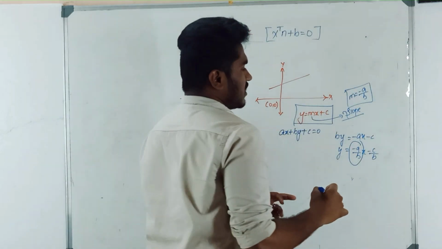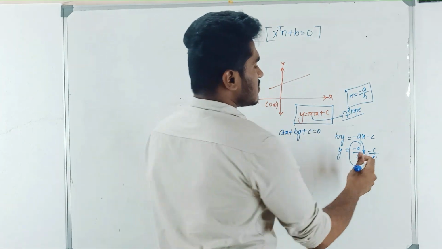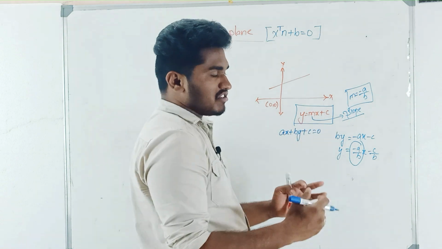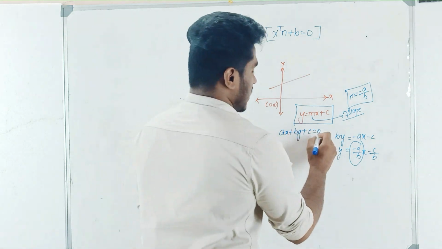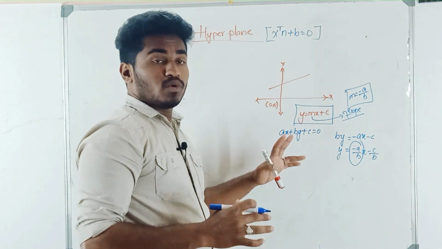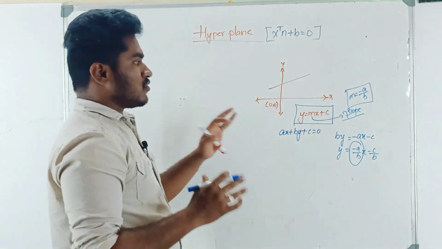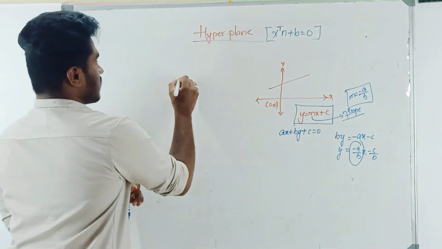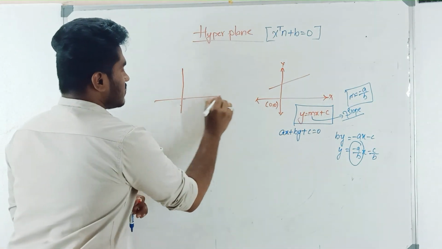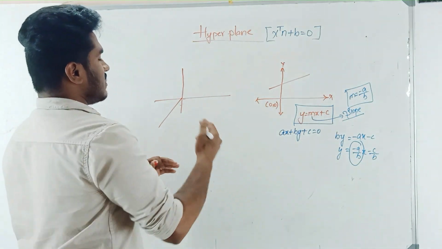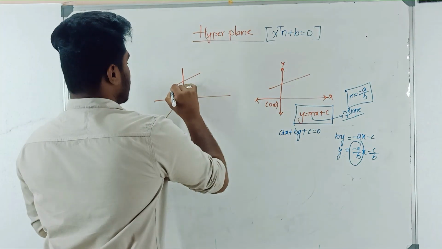And if I want to find the c value, it is minus c by b, where c is the constant value given in the 2D line. So this is the equation of the line in 2D geometry. When we come to 3D geometry, assume one plane is in this 3D space.